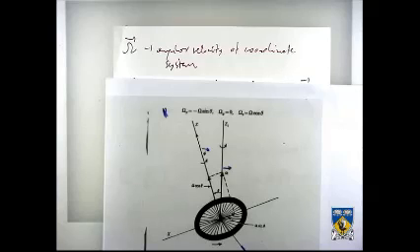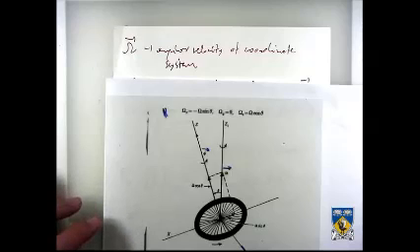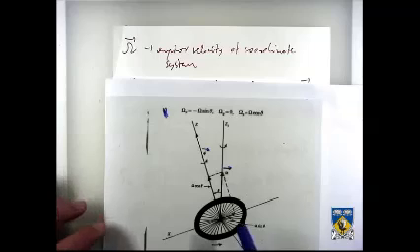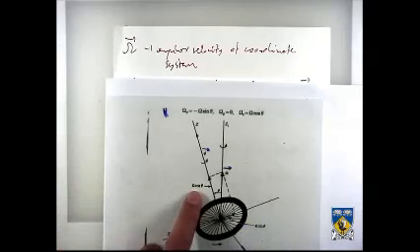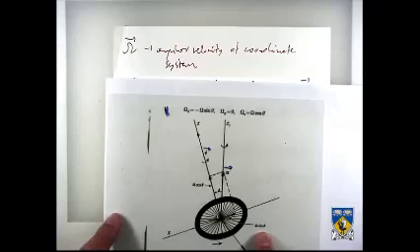Well, the Z component is omega cosine theta, the X component is minus omega sine theta, and the Y component is nothing.